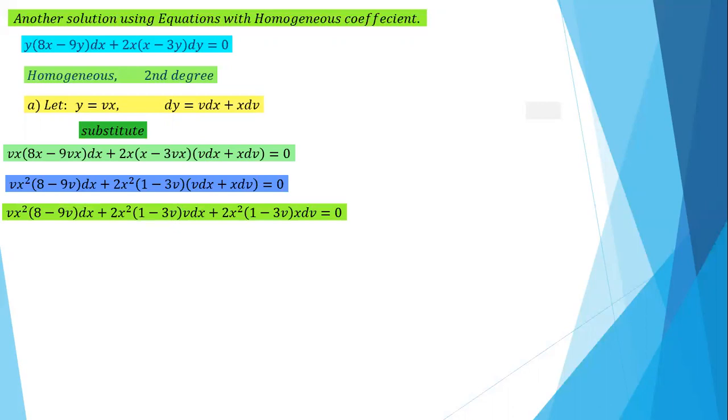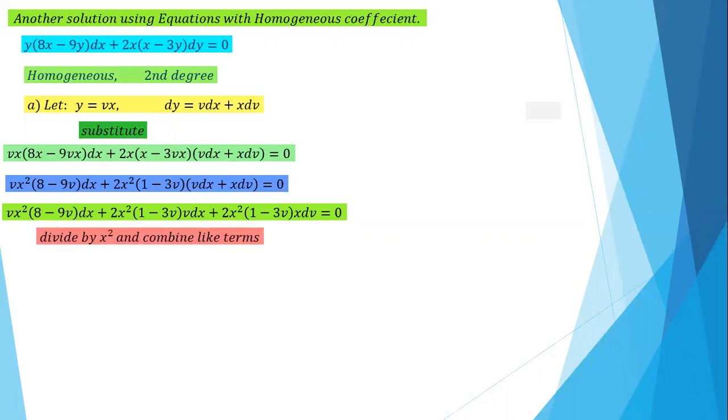So distribute our v dx and x dv. Then we have vx squared times the quantity of 8 minus 9v dx plus 2x squared times the quantity of 1 minus 3v v dx plus 2x squared times the quantity of 1 minus 3v times x dv equals 0.